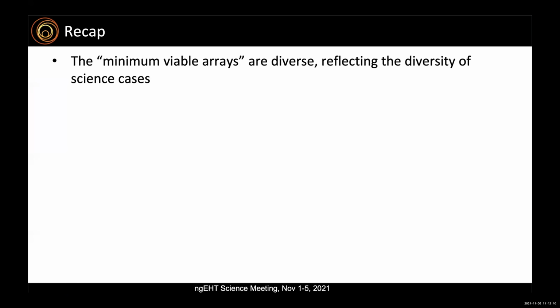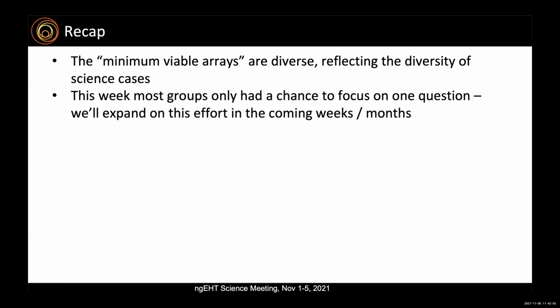There's a big range of different designs that may be viable, and that reflects the diversity of different science cases that we're considering. So we've got some work ahead to resolve some of that. Another point, most of the groups only had a chance to focus on one question. There are many more questions that need to be considered and need deeper study.